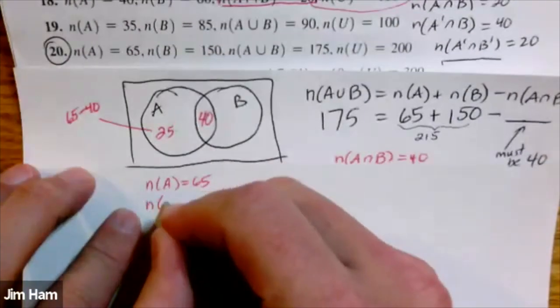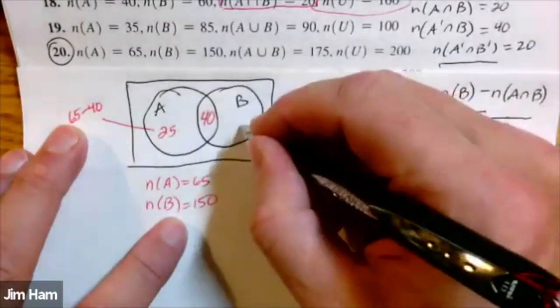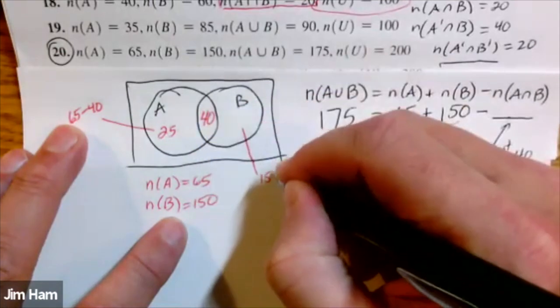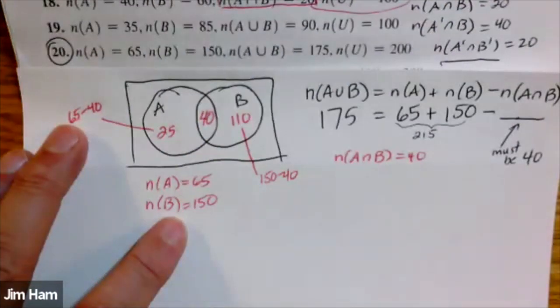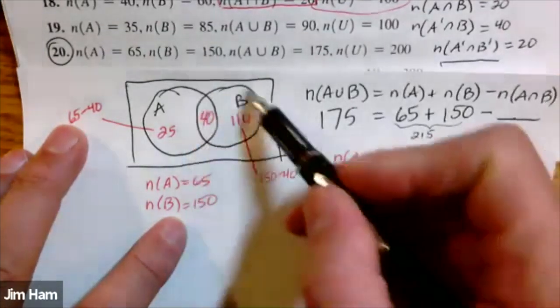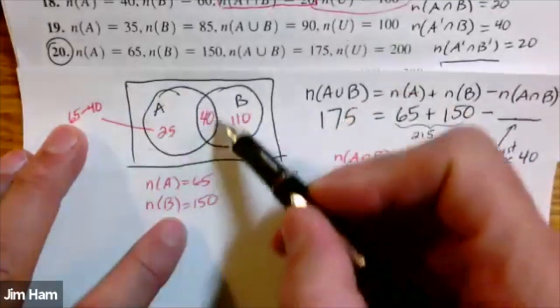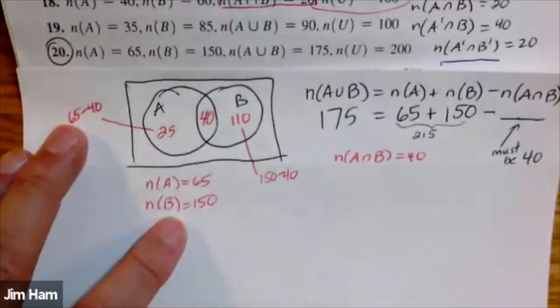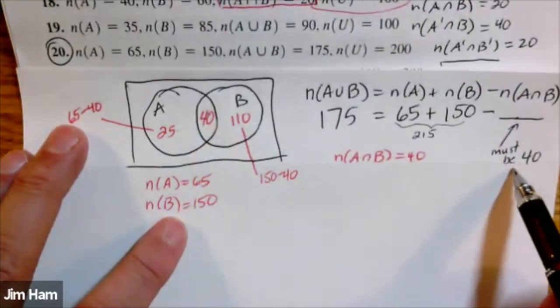The number in B in this problem is 150 and we already have 40 there. So 150 minus 40 tells us that 110 would be left over. So all in B, this whole big circle is 150. A, the big circle A, you'd add those 2 numbers and get 65. The number in the intersection based on this formula is 40.